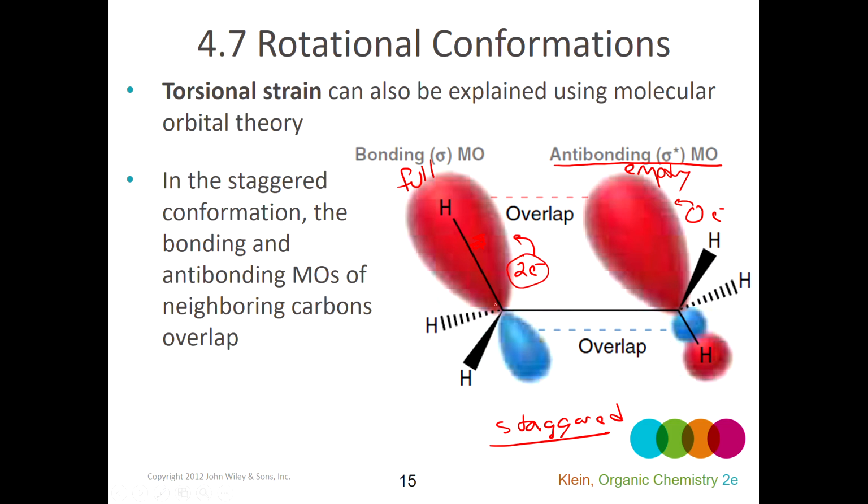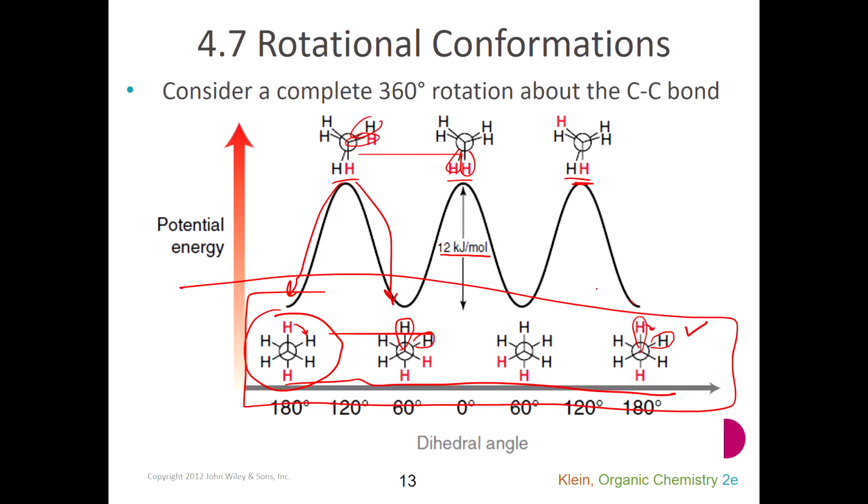So the difference in energy between the staggered versus the eclipsed is actually two reasons. One, because the staggered avoids the torsional strain, the torsional repulsion, and that would occur when the eclipsing groups get a little bit closer together.